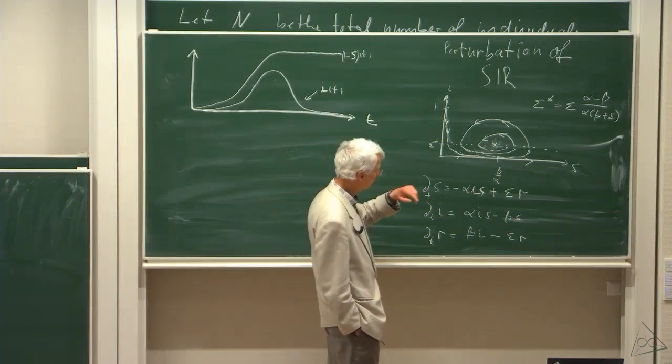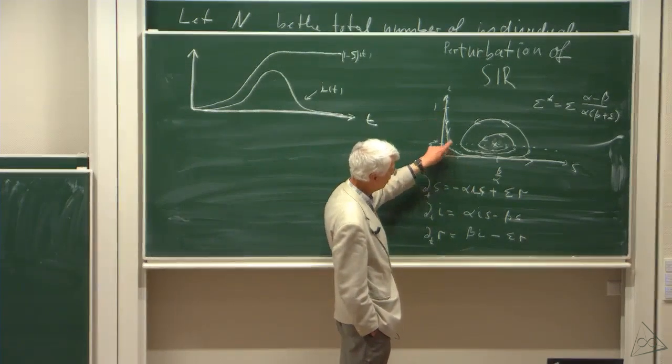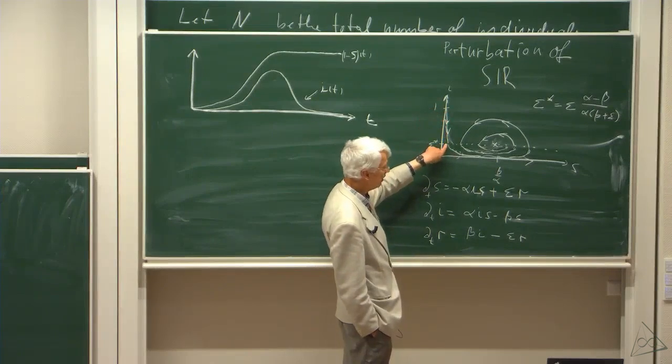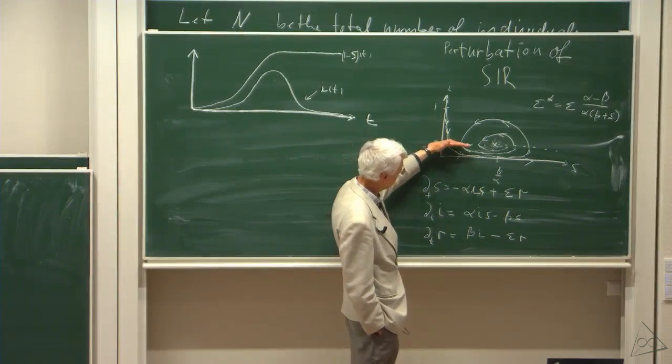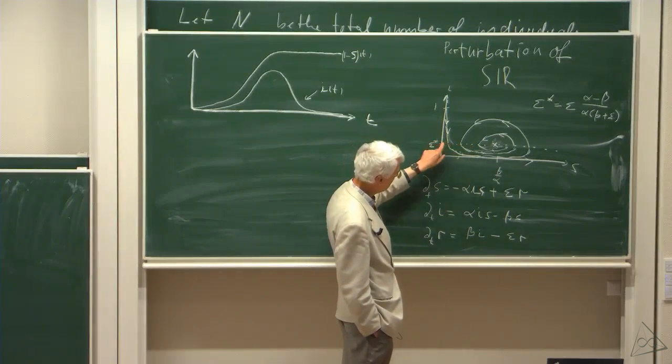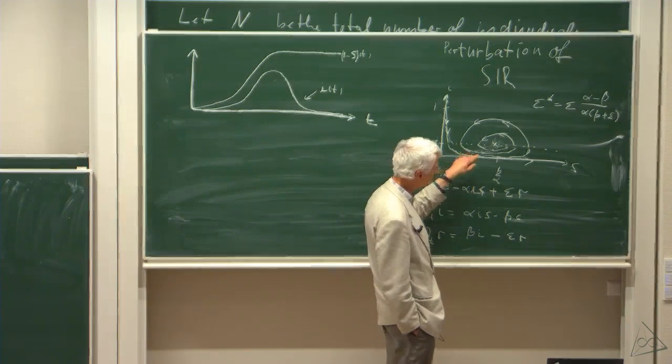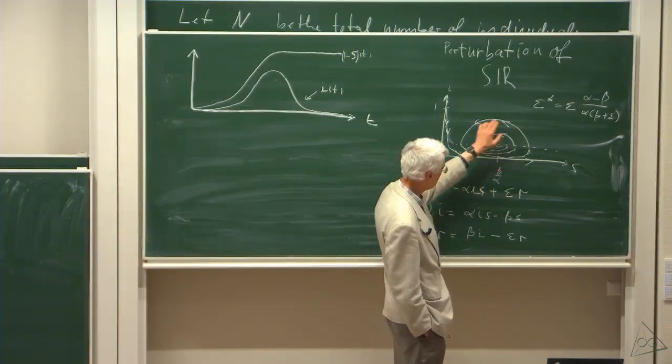And what this means for the equation is that you are going to have what we call a singular perturbation. So below this level epsilon, there will be a slow movement, and a fast movement above.